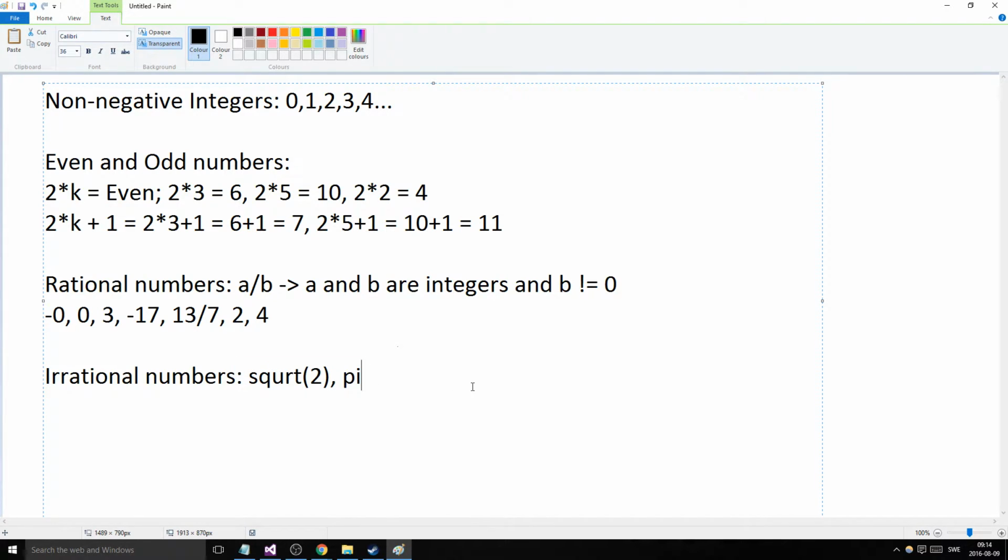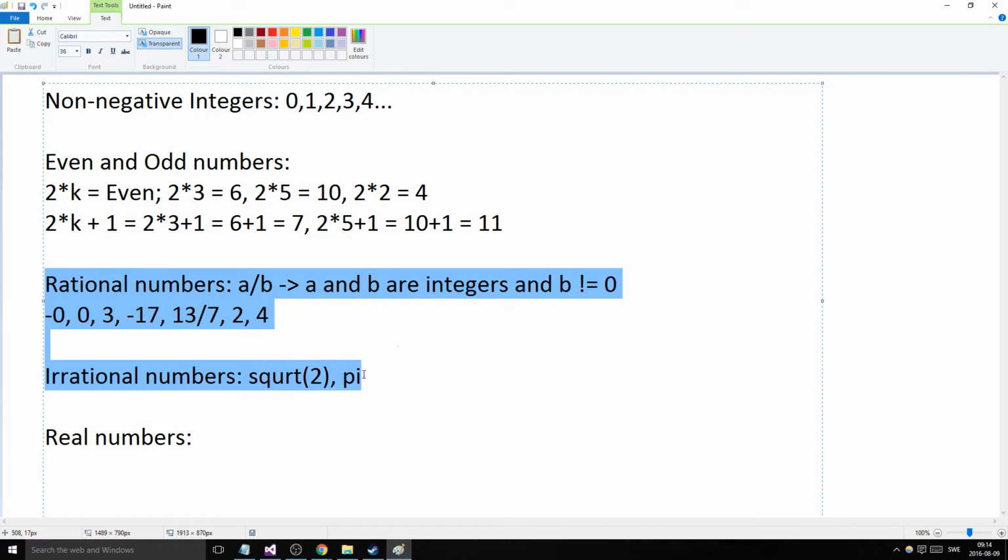Irrational numbers right there. And then to end it off, we have something called real numbers. That is basically a collection of all of this stuff, everything. A combination of rational and irrational numbers. And remember that rational numbers is a collection of all the integers and everything as well.